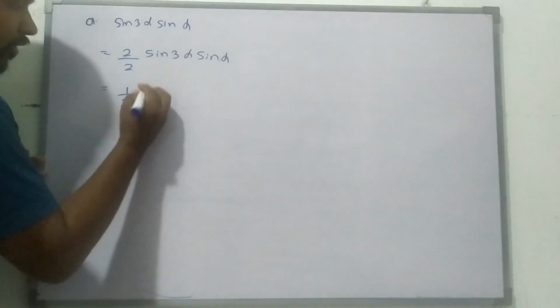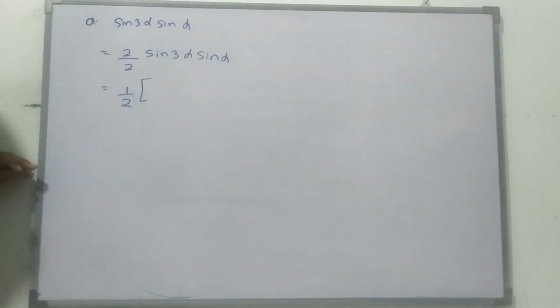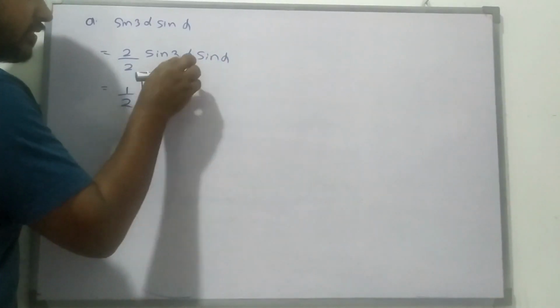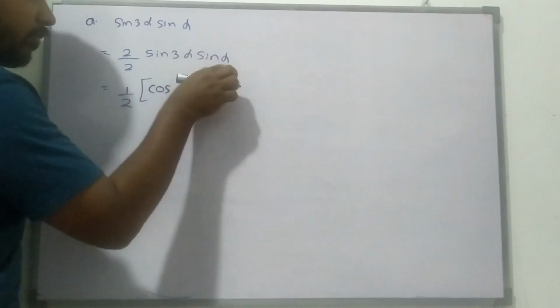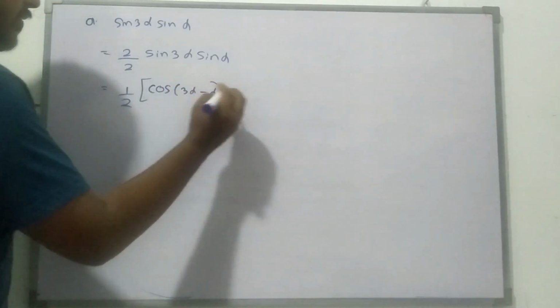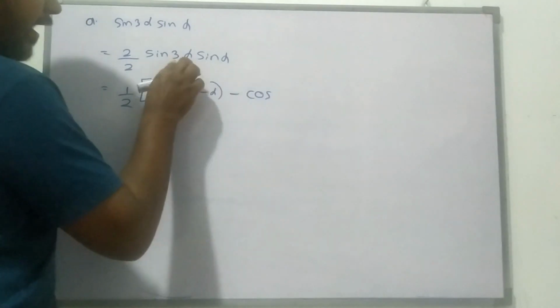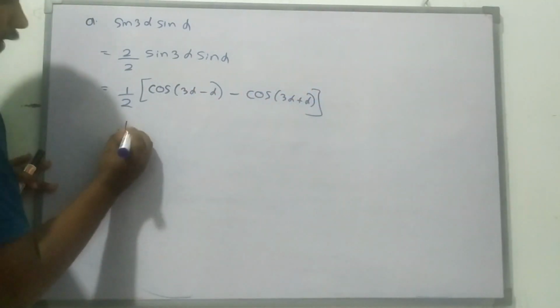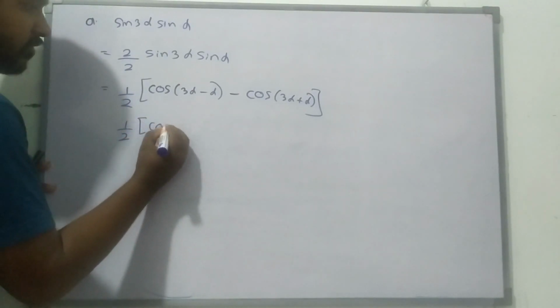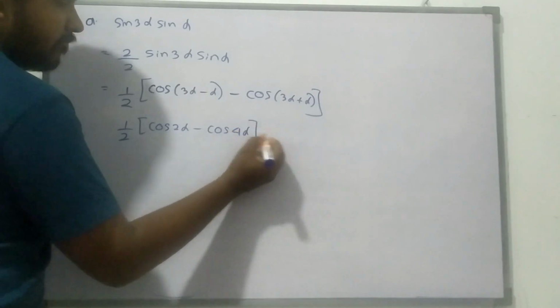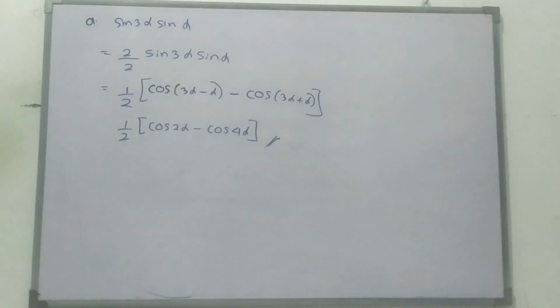So as in the last one, it was cos of this one minus this one, minus cos of the addition, half cos 2 alpha minus cos 4 alpha. So this is the answer of the first question.